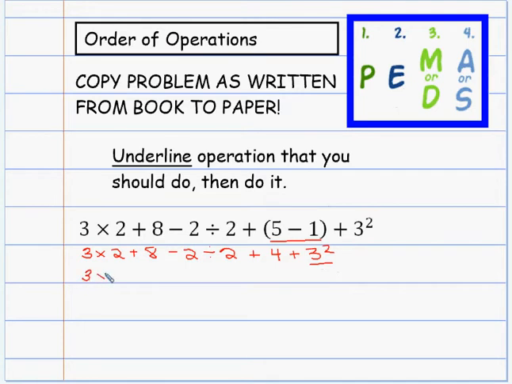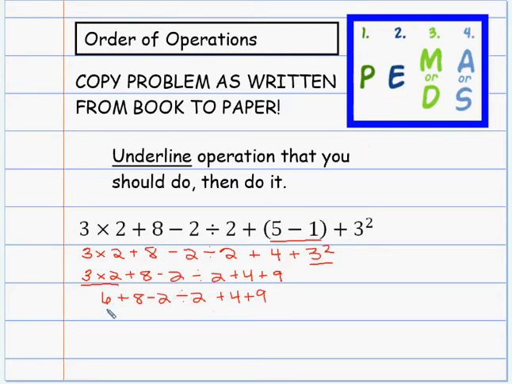So 3 times 2 plus 8 minus 2 divided by 2 plus 4 plus 3 times 3, 9. Now I'm on the M or D step, multiplication or division, and I do them from left to right. So multiplication, 3 times 2 is 6 plus 8 minus 2 divided by 2 plus 4 plus 9.